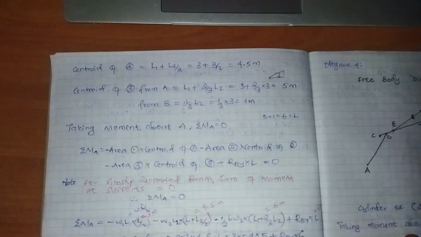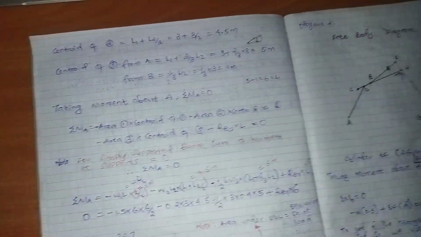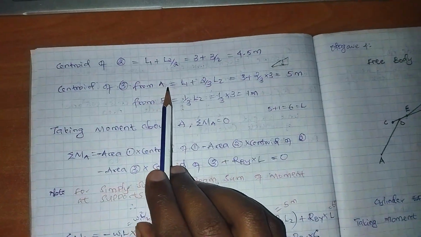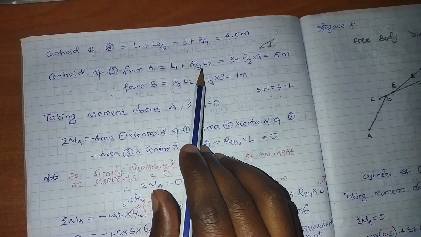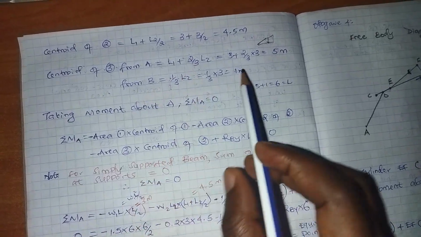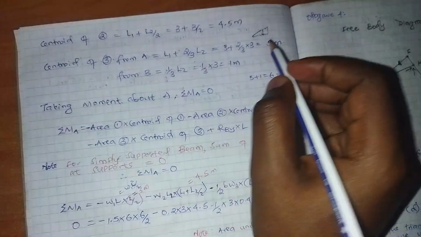So that is why I've given you both ways of finding the centroid. From point A it is L1 plus 2 over 3 L, but they are all acting at the same point.